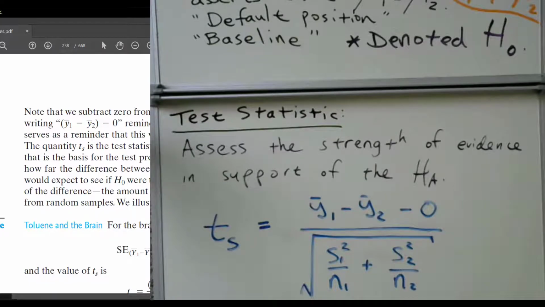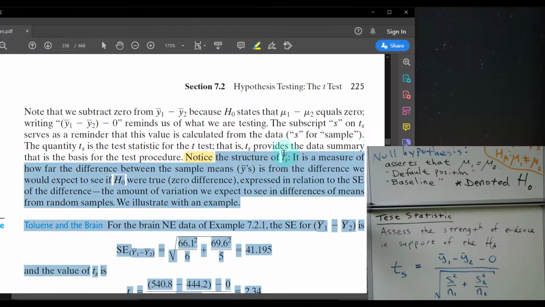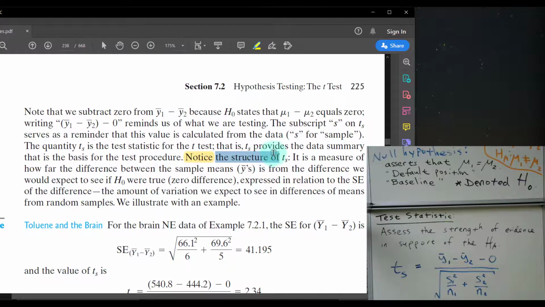I'm going to defer to the text here to explain a little bit of this. Notice the structure of the test statistic. It is a measure of how far the difference between the sample means, that's the y bars, is from the difference we would expect to see if the null hypothesis were true.